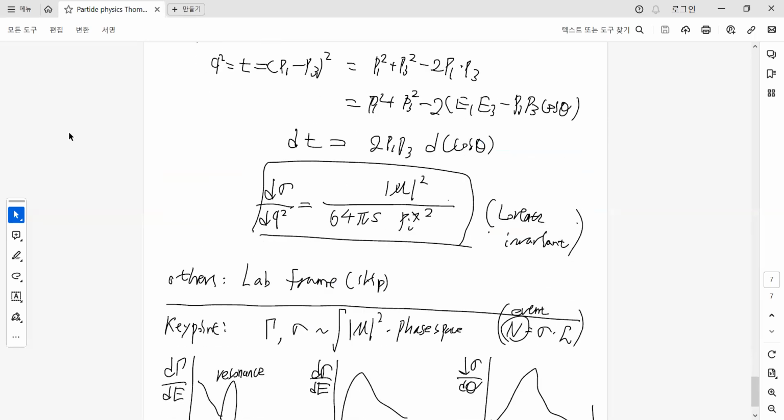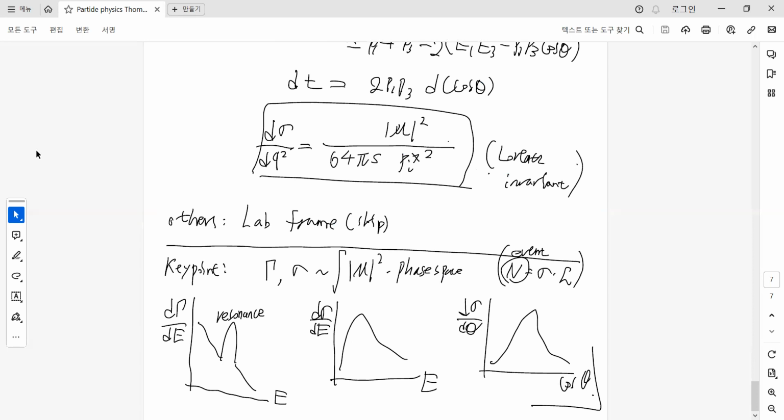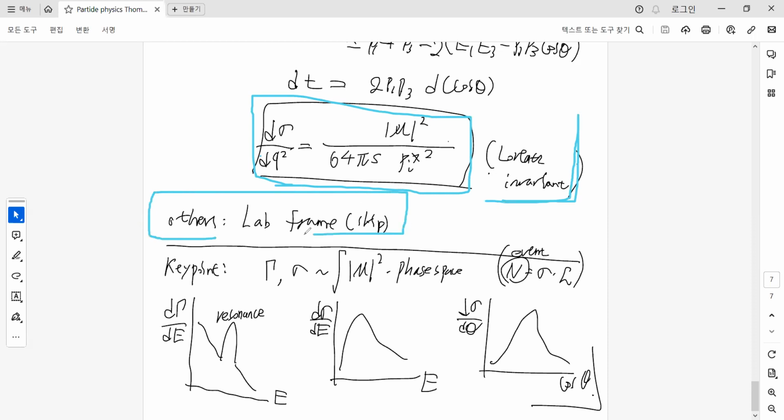So we can obtain the differential cross sections in the energy distributions. This is Lorentz invariant, so such a formula can be applied in any frame. There are also other more complicated cross sections in the lab frame, but I will skip them here.